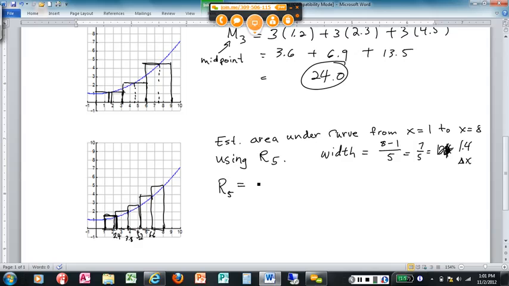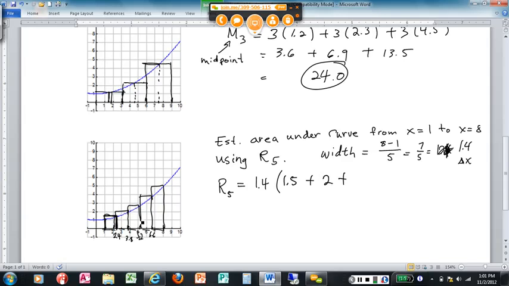R5 would then be 1.4. Let me just also show you here. You can do 1.4 times all of them, but 1.4 is going to be a factor in all those, isn't it? So I could just say 1.4 times add up all the heights. You with me on that? Okay. All right, so it'd be 1.4. That first height looks to be about, I'm going to call it 1.5. That second height is, well, at 3.8, let's just say right at 2.